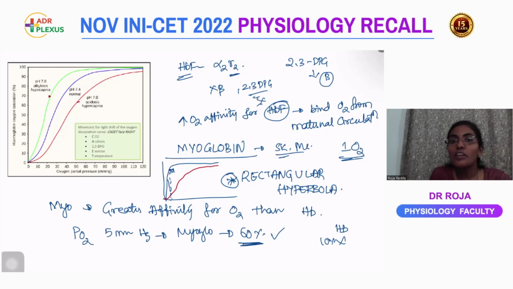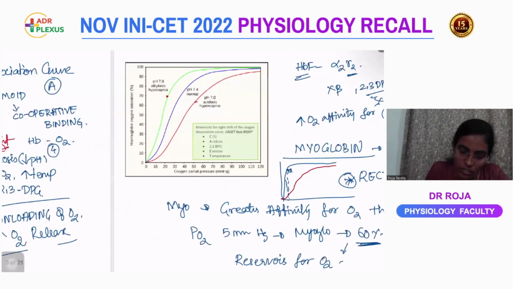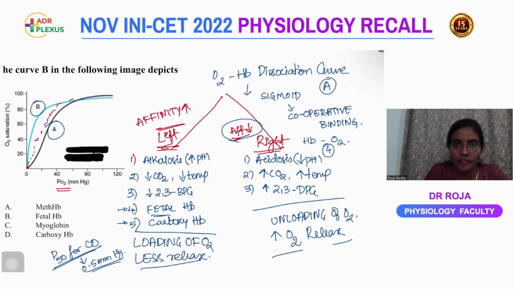So what is the significance? It acts as a reservoir for oxygen in skeletal muscle, so it is helpful in conditions of exercise to release oxygen. In this picture, curve B is the curve for myoglobin. So the answer is myoglobin. That is about the first question.